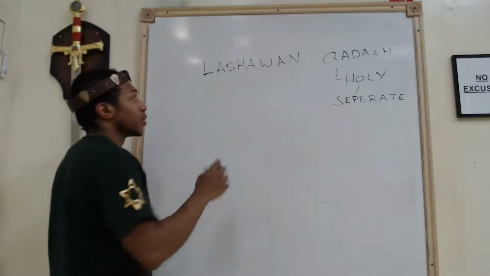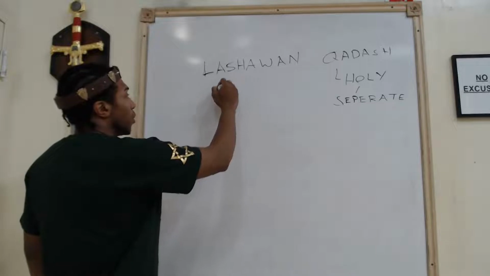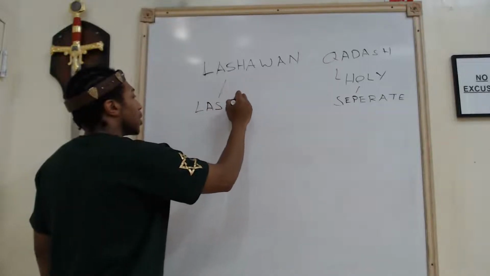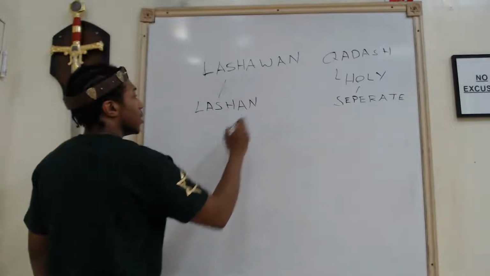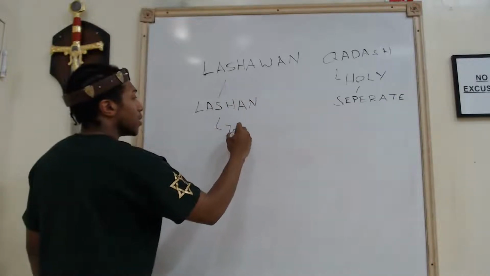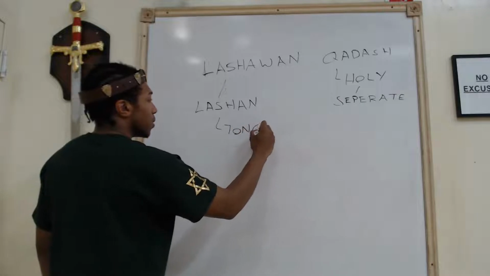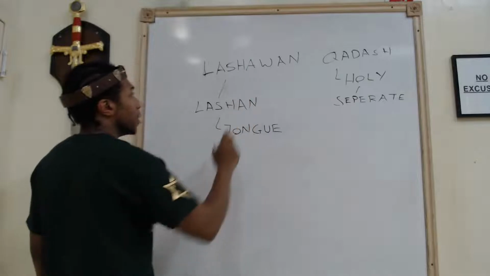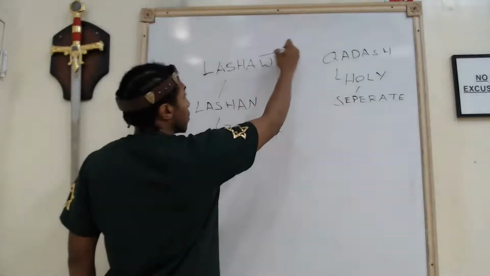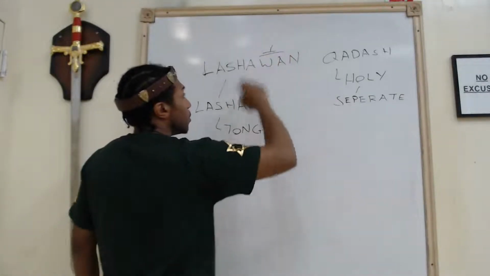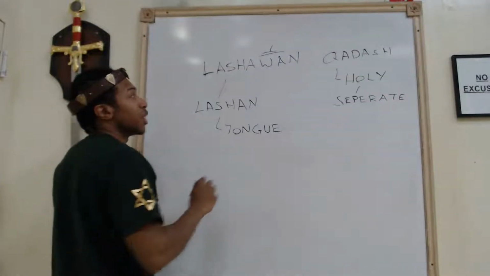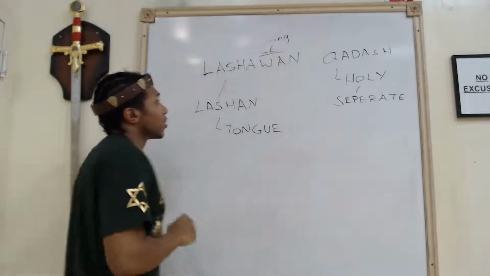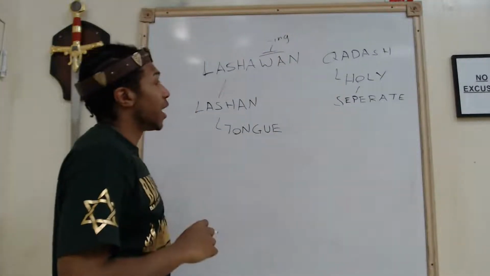So holy means Lashawan Qadash, right? It's rooted from the word Lashan, and Lashan is the tongue. The wa is something significant, like an -ing in a language, which makes it a verb.